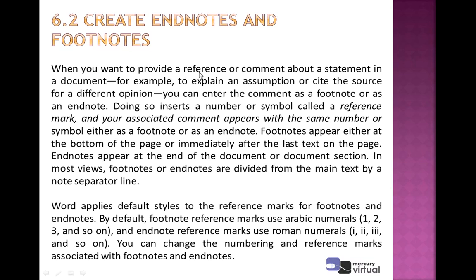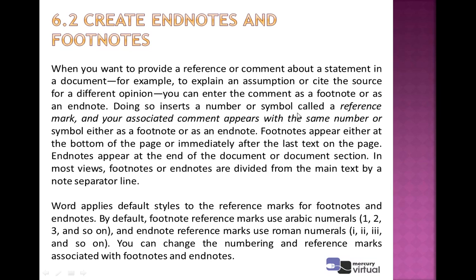When you want to provide a reference or comment, in the last class I told you what comments are and how to create comments. So when you want to provide a reference or comment about a statement in a document, for example, to explain the assumption or cite the source for a different opinion, you can enter the comment as a footnote or as an endnote.